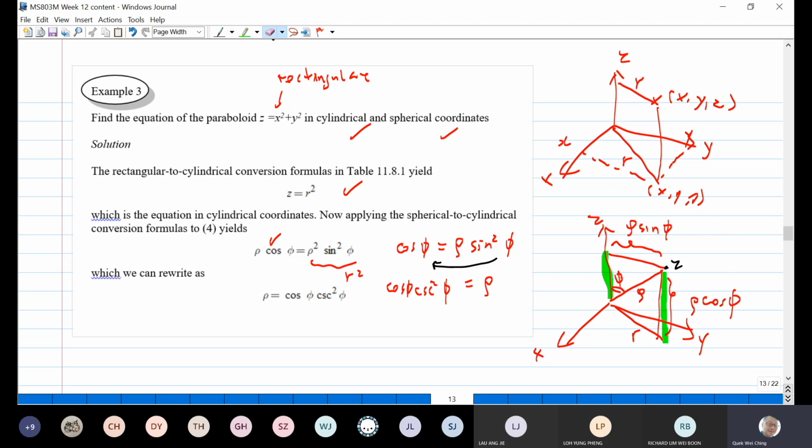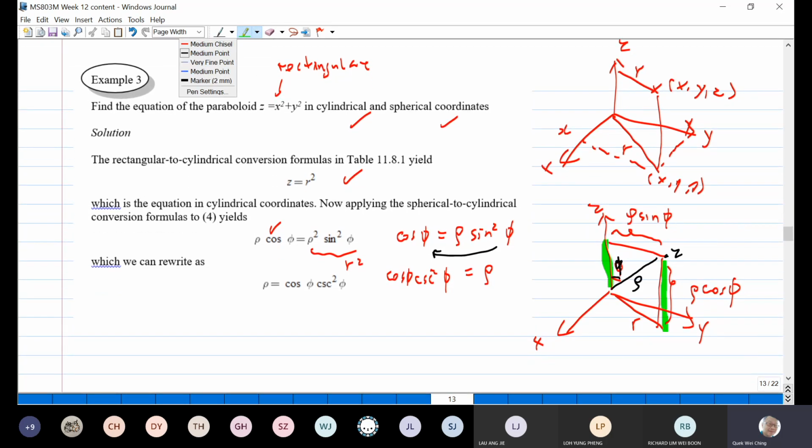You know that this is rho here, and this angle is phi here. So this length here, the one I highlighted in green, is actually rho cosine phi, and this is your z.